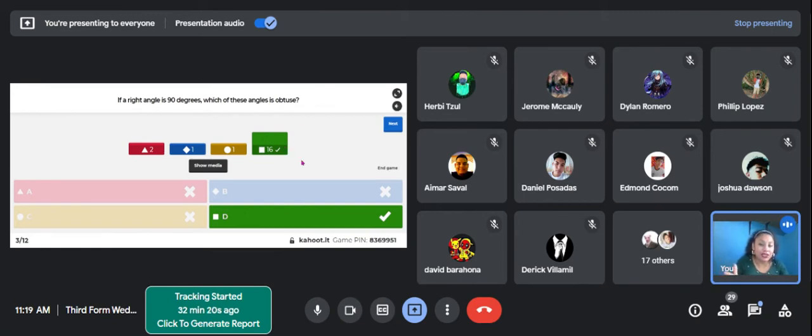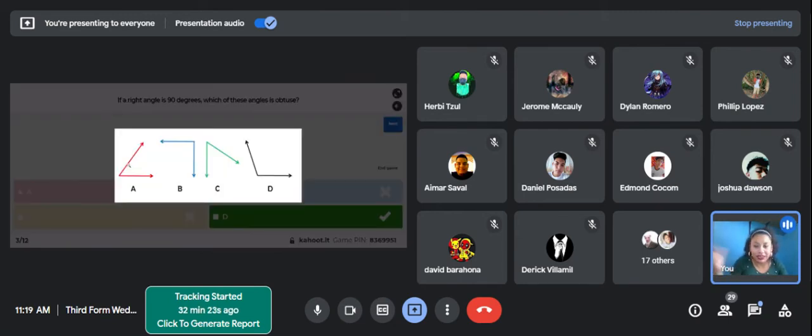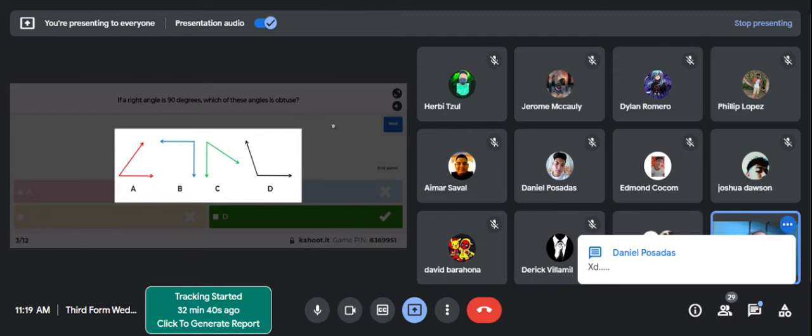Let me see. Yes, right here. How is A more than 90 degrees? How is a right angle more than 90 degrees? How is C more than 90 degrees, guys? The only one that showed more than 90 degrees was D.